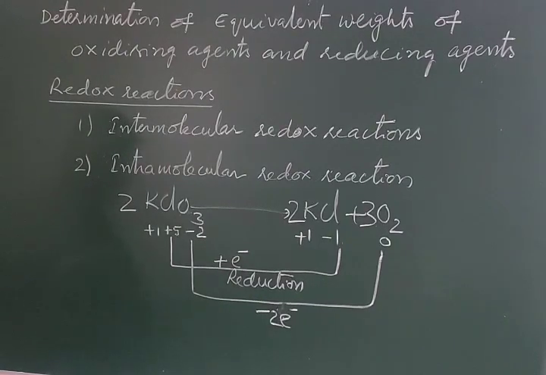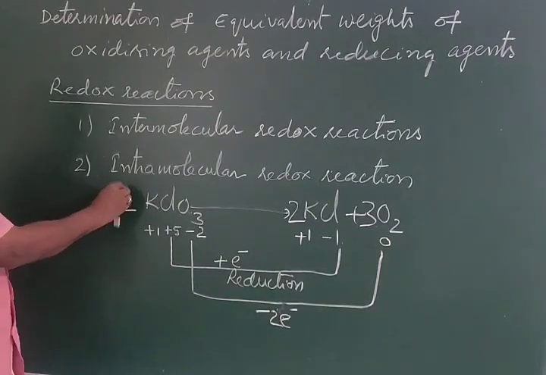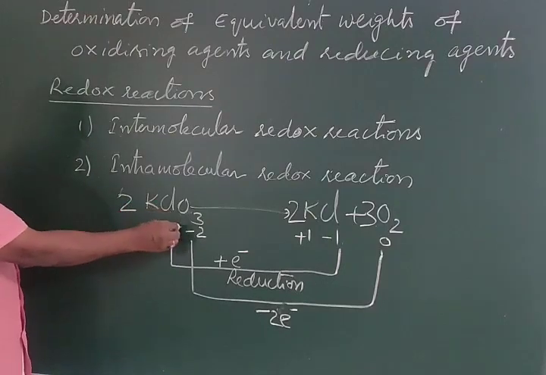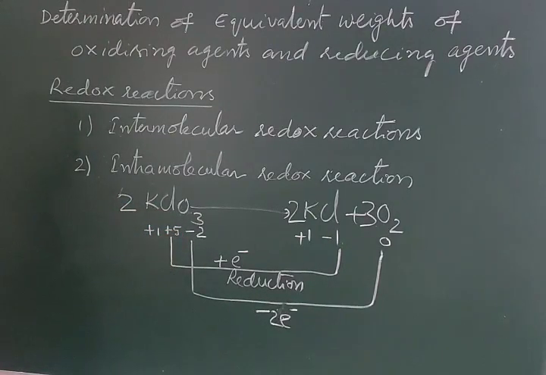In the balanced equation, there are 2 moles of potassium chlorate. How many chlorine atoms are there? 2 chlorine atoms. Each chlorine atom gains 6 electrons.